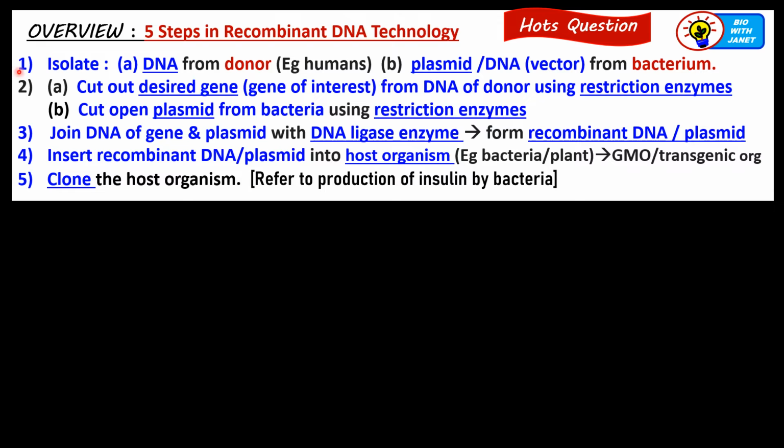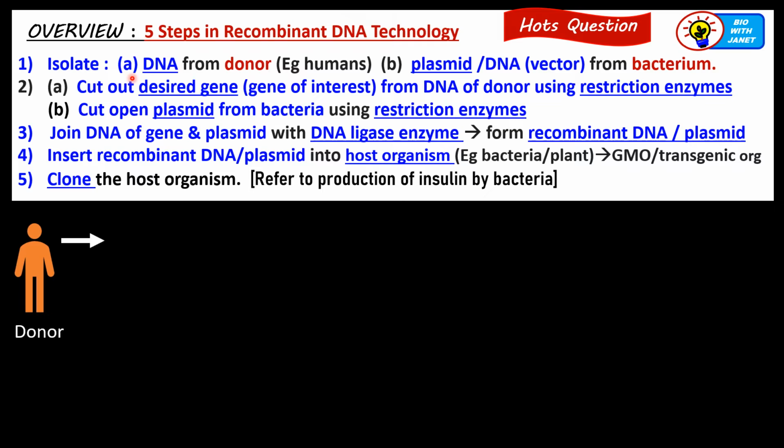Okay, let's start. Now, firstly, we have to take out or isolate or extract the DNA from the donor, such as humans, or it could be other organisms. So the DNA with the gene that we want to use, or the desired gene. So locate first of all the gene in the chromosomes.